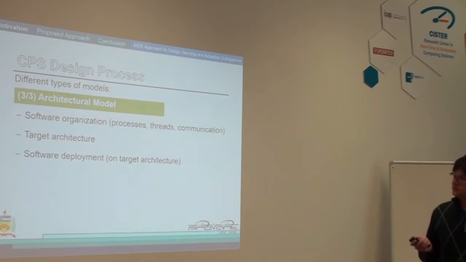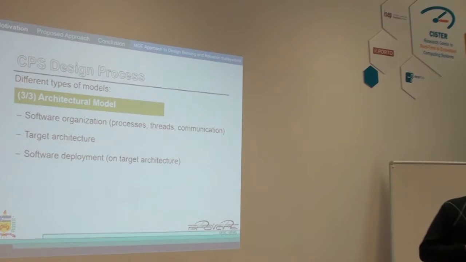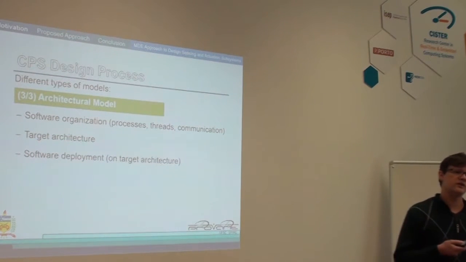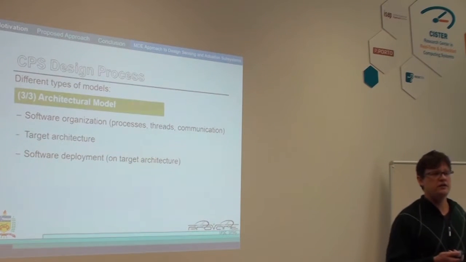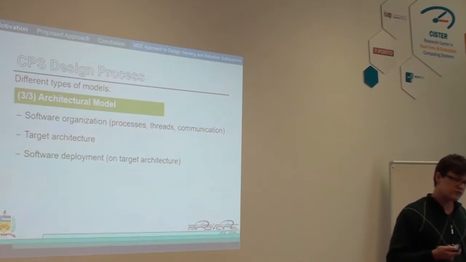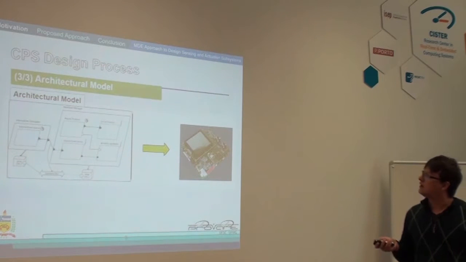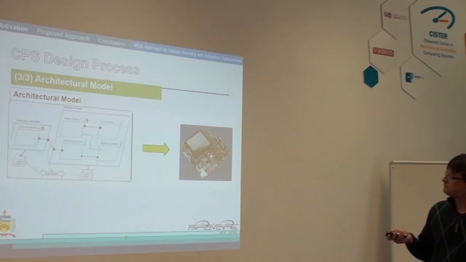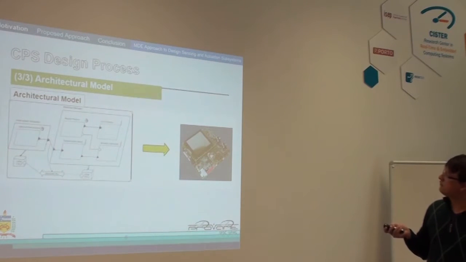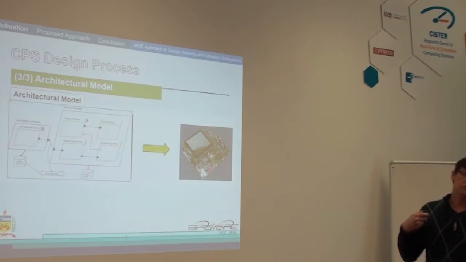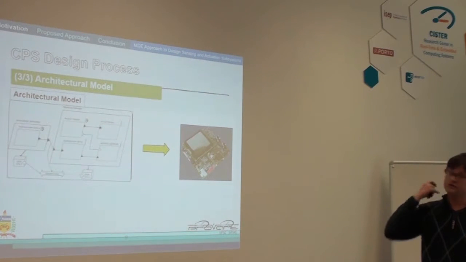So in this topic, we use Simulink models to express the functional model, and AADL models to express the system architecture. Here we have an architectural model that expresses the characteristics of the embedded platform and also the software structure, threads, and processes.